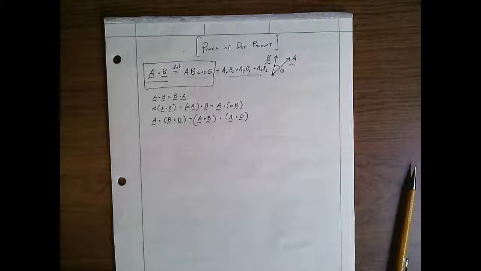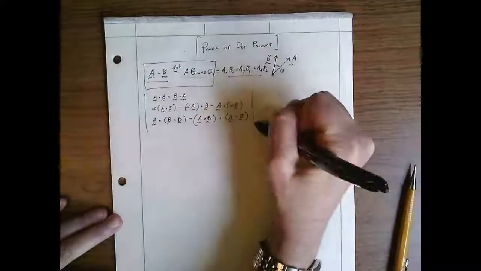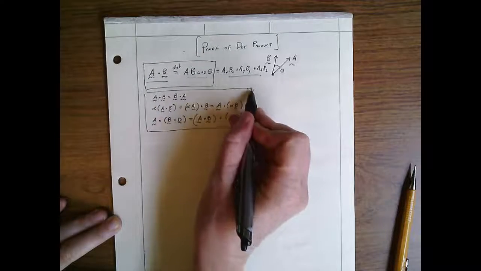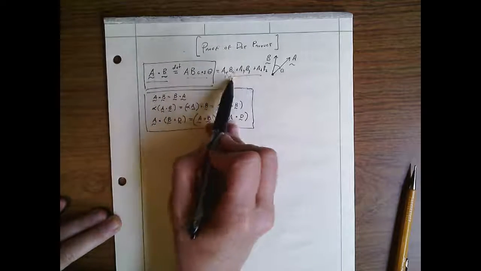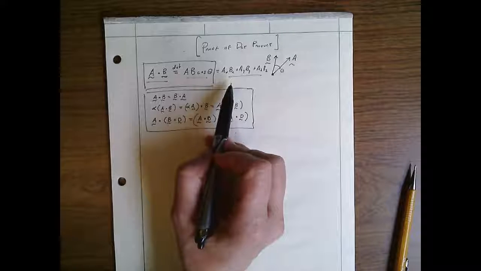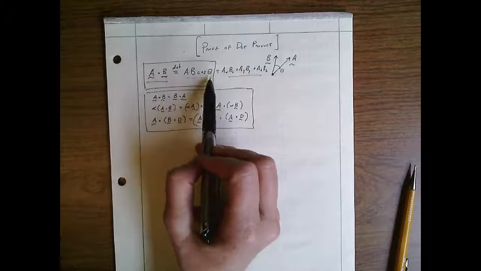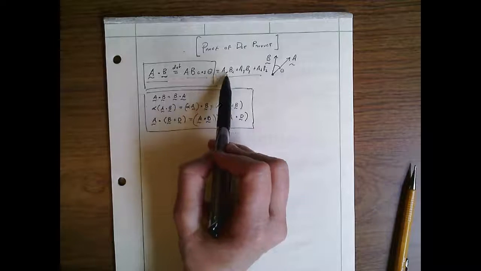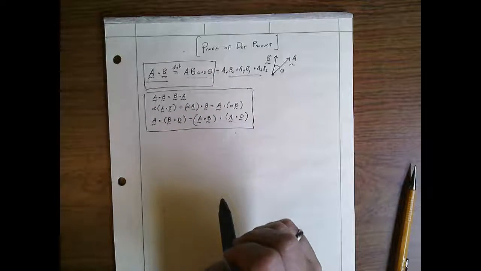It's just kind of setting up the properties that go with that definition. So this stuff I'm going to box because it's sort of like set in stone for the rest of the proof. And again, our goal is to get to this. How did we arrive at the fact that A dot B with this definition gives us the sum of the multiplication of the two components? How did we do that?